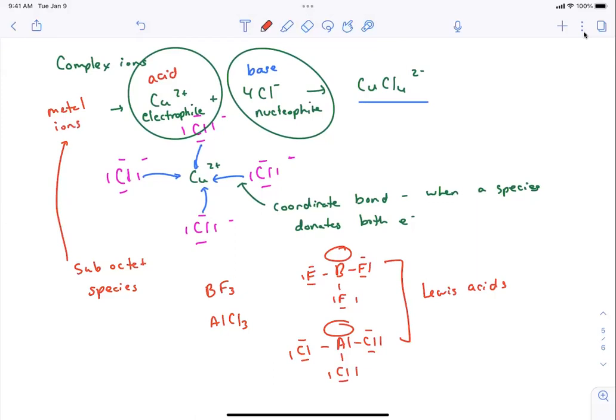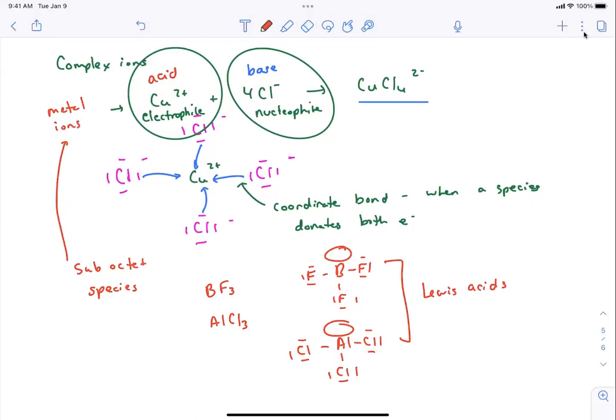Sub-octet species means it has less than an octet, which means it has less than 4 pairs of electrons attached to it. So boron and aluminum, because they only have 3 valence electrons, only bond 3 times usually, which means it only has 6 electrons owned. So that means it has space for 2 more electrons. Does that make sense, Camilla?